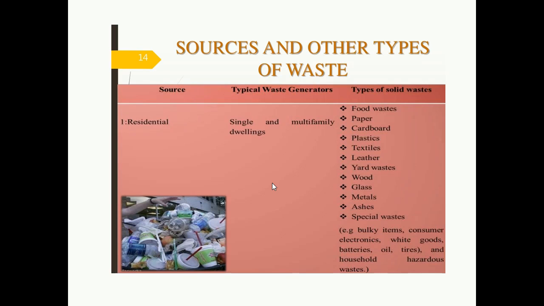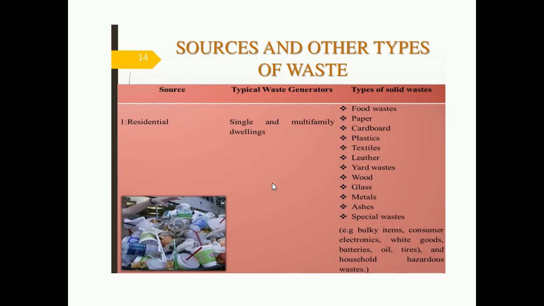Types of solid waste in residential areas are food waste, paper, cardboard, plastics, textiles, leather, yard waste, wood, glass, metals, ashes, and special waste. For example, bulky items, consumer electronics, white goods, batteries, oil, tires and household hazardous materials.